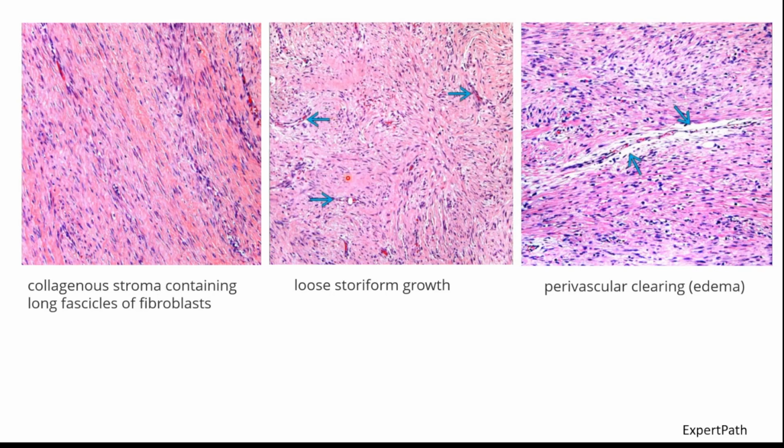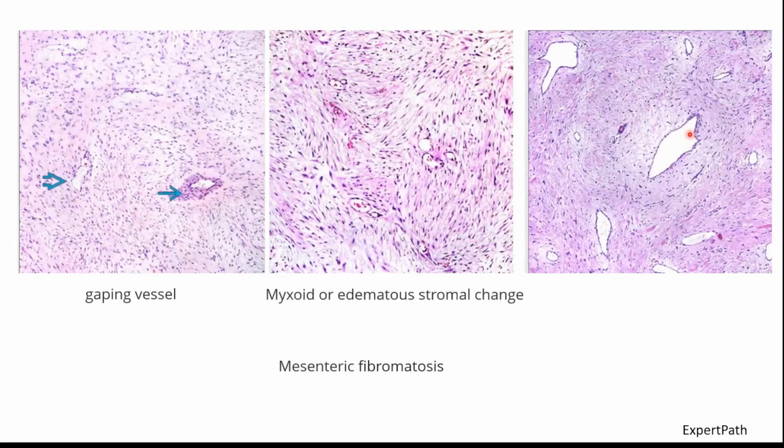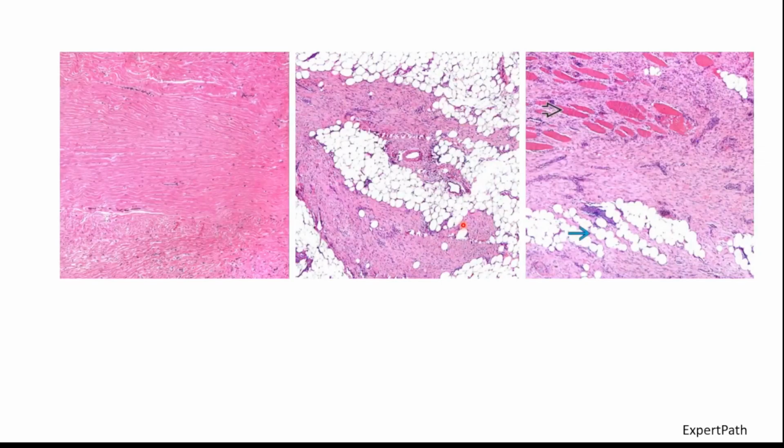It can also form a storiform pattern, and sometimes you will see this perivascular clearing, called edema, and also dilated vessels and myxoedematous stromal changes. And also an infiltrative border going into the fat and wrapping muscle cells.